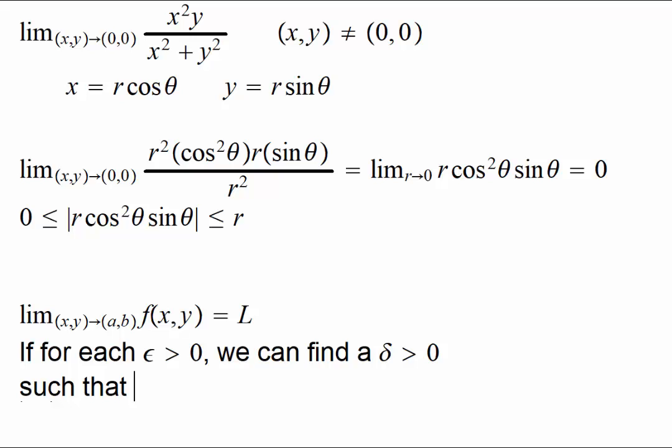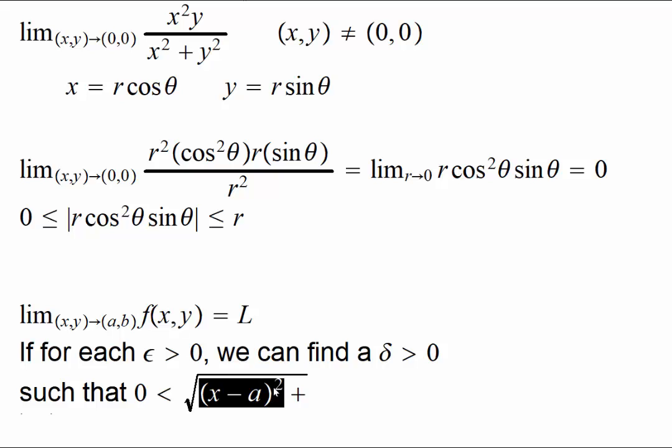the distance between (x,y) and (a,b) less than delta. So what is the distance between (x,y) and (a,b)? That's the square root of (x minus a) squared plus (y minus b) squared, right?